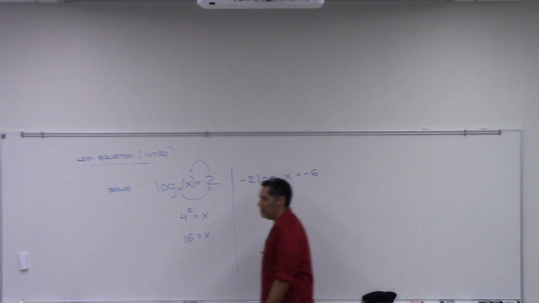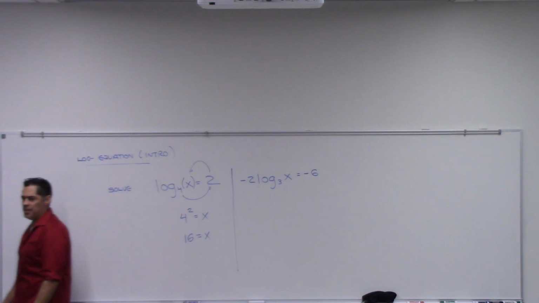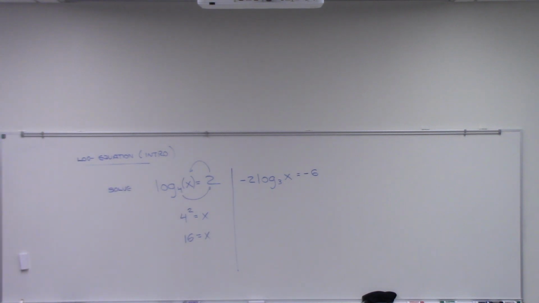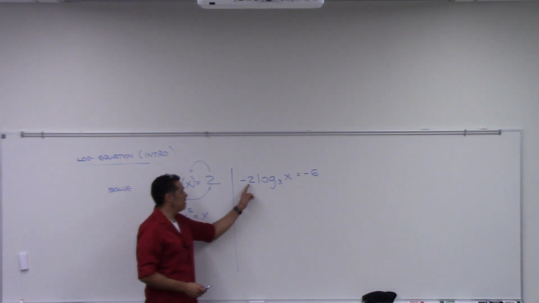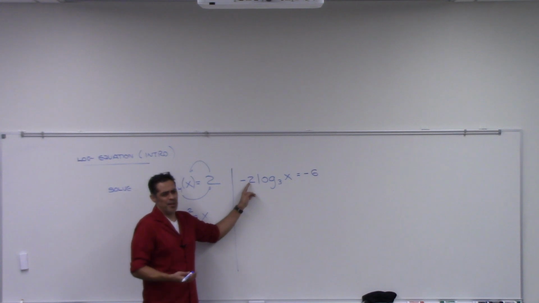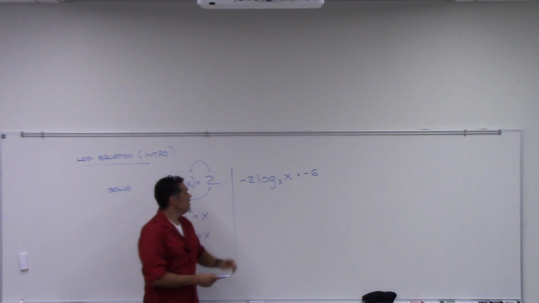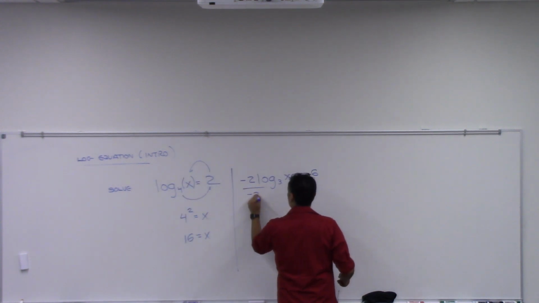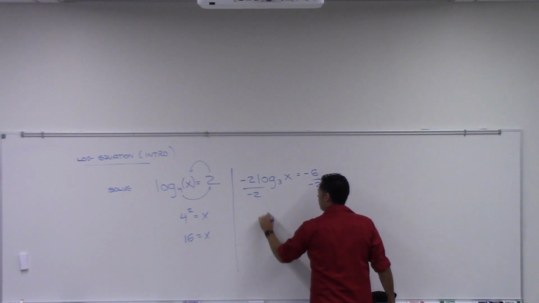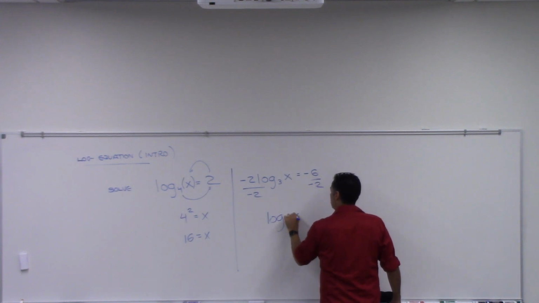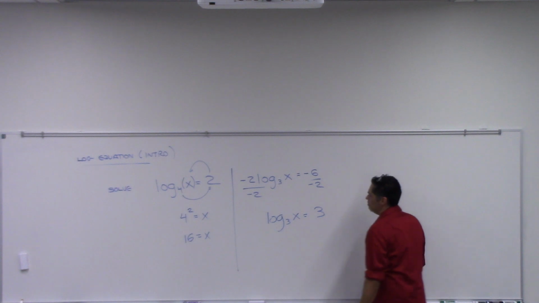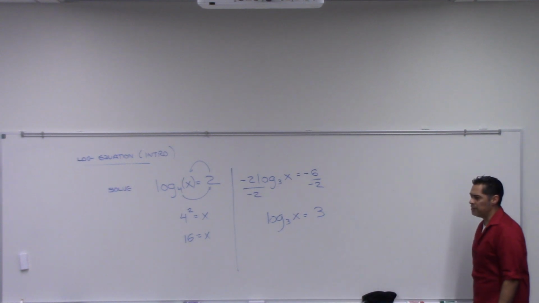Do you see a logarithm there? Yes. Is the x in the logarithm? Yes. Okay, how do we solve this? We're going to use a loop, but before you do the loop, you have to resolve the fact that there's a -2 in front being multiplied. To get rid of this, divide both sides by -2. Now you have the logarithm sitting by itself, and this side's 3, because -6 over -2 is 3.